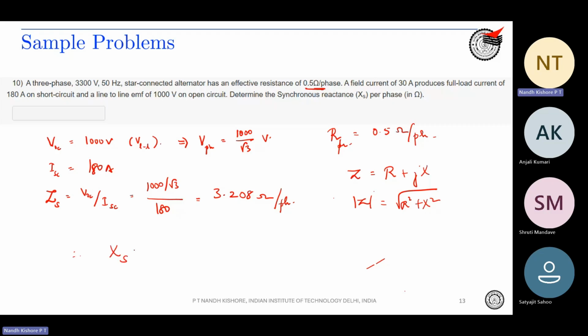Therefore, your XS is going to be root over Z square minus R square, right? Root over 3.208 square minus 0.5 square. So it is around 3.168 ohms.